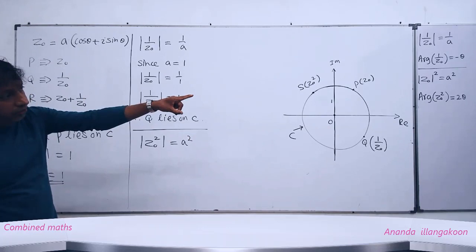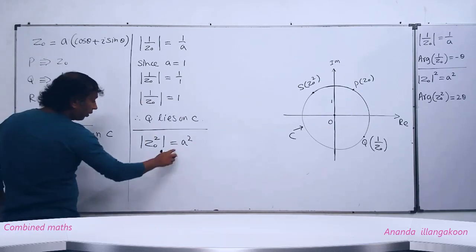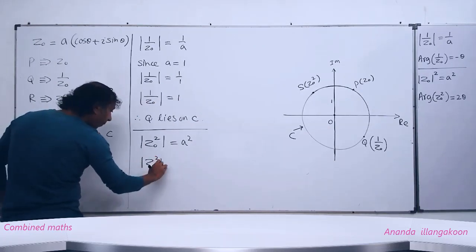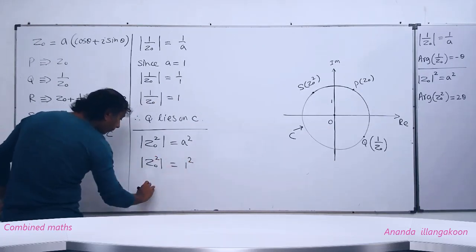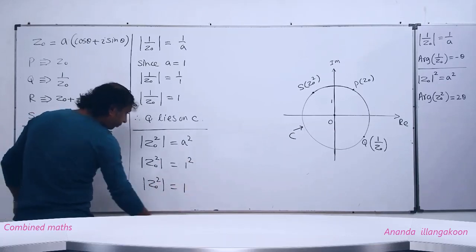There I have written down that as Z naught modulus perfect square, which is equal to Z naught squared modulus. So this is A squared, but A is 1, so 1 squared. This is 1, right?